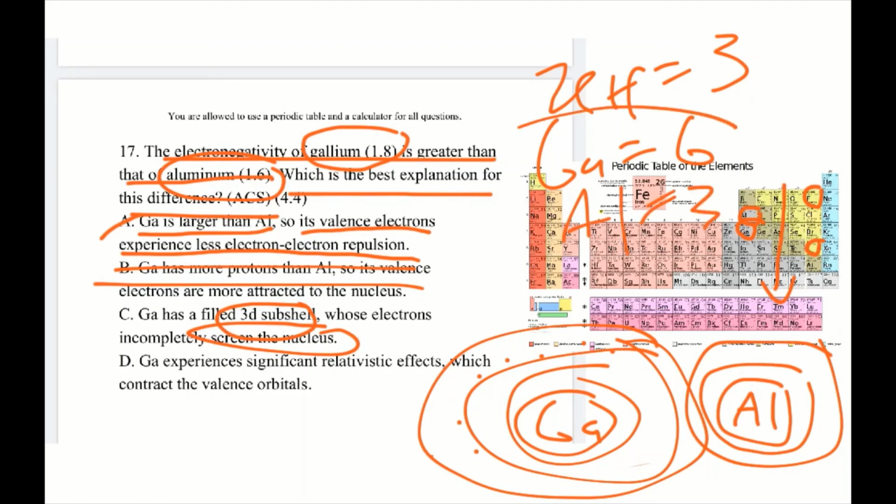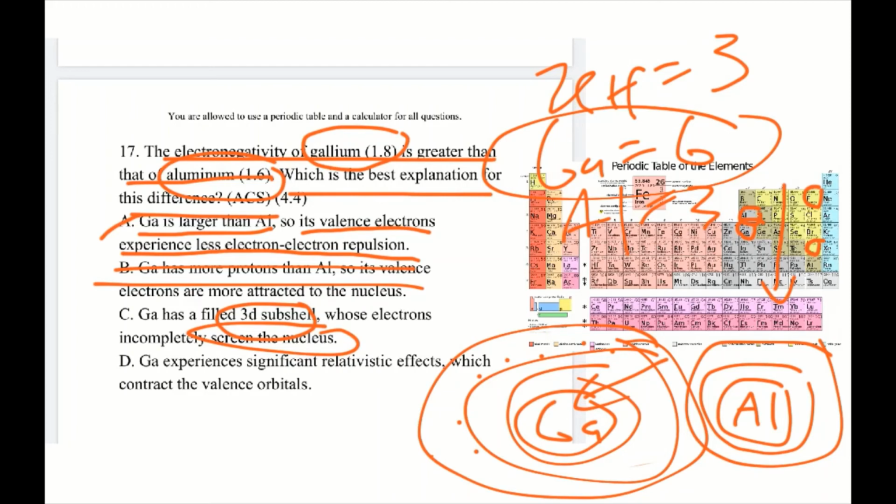So because gallium has a higher Zeff than normal because its 3d electrons incompletely shield the valence electrons, then gallium will experience a higher electronegativity, which means that the valence electrons outside are more attracted to the nucleus. So as a result, this actually makes perfect sense. Since gallium has a higher Zeff than normal, then gallium would have a higher electronegativity than aluminum.